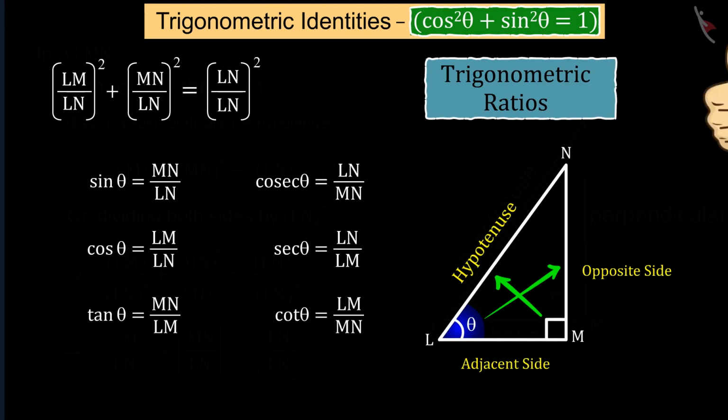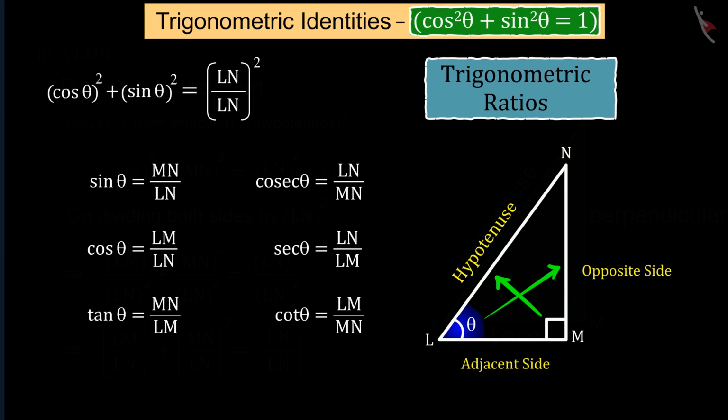Well done! With the help of the theta angle, we can tell that the first term on the left side is the trigonometric ratio, the square of cos theta, and the second term is the square of sin theta, while the right side is equal to 1.